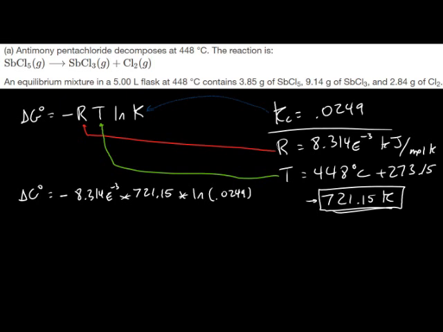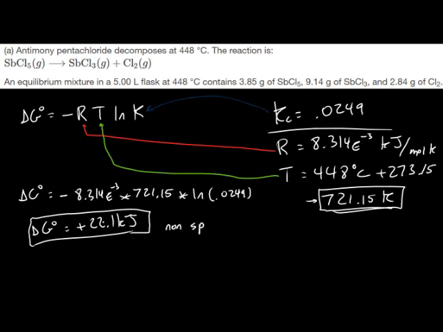We can go to a calculator to find this answer. We'll get positive 22.1 kilojoules. Meaning this reaction, as we predicted, is non-spontaneous. This means in order for this reaction to continue, we would have to add 22.1 kilojoules after starting it.